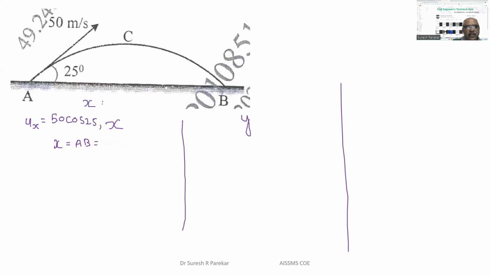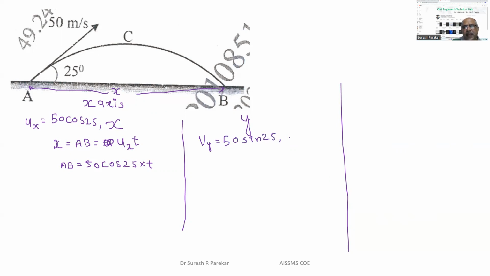This is the x-axis, and I am going to call this distance x. And then we have x equal to AB equal to ux into t. So we have AB, or x, equal to 50 cos 25 into t. Now we have vy, which is equal to 50 sin 25.